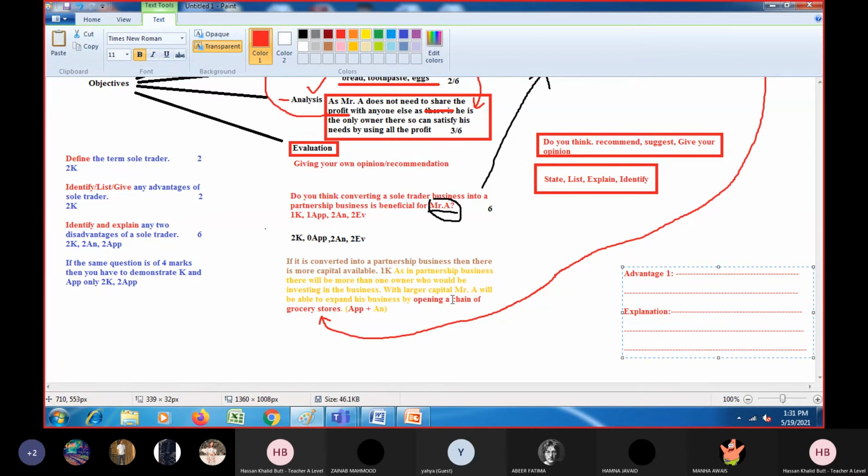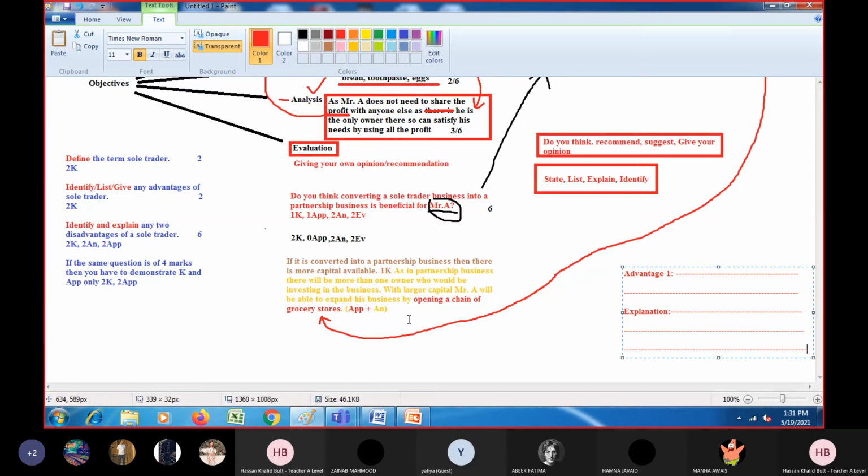With larger capital, Mr. A will be able to expand his business by opening a chain of grocery stores. So I just extended the advantage of having more capital. And I used the context as well.